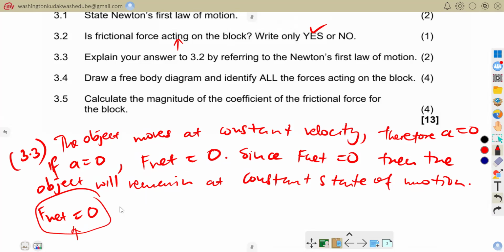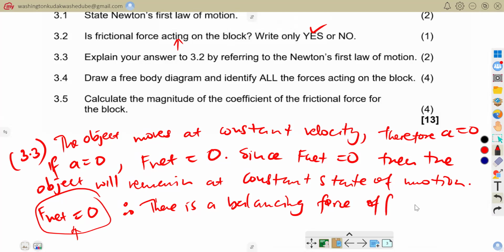So you would say, therefore, there is a balancing force of friction on the applied force.